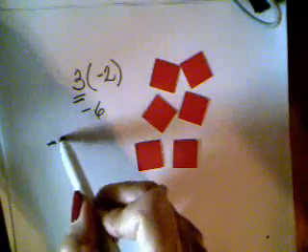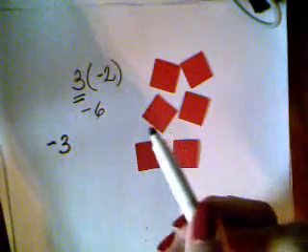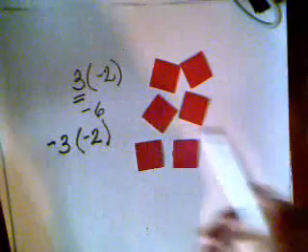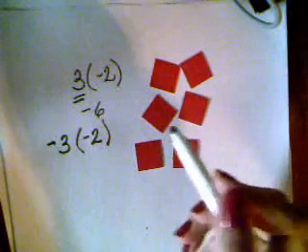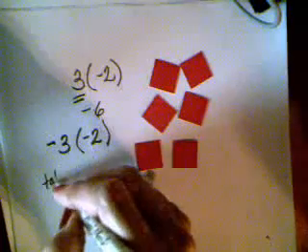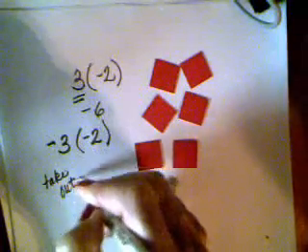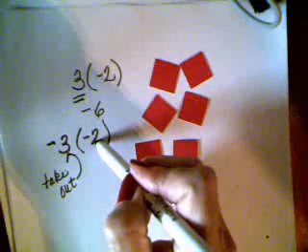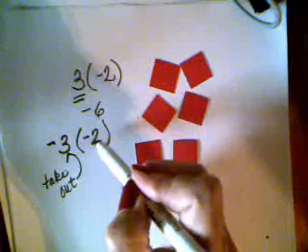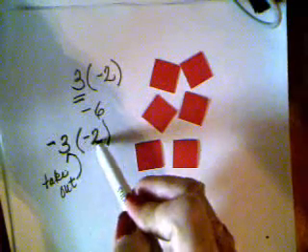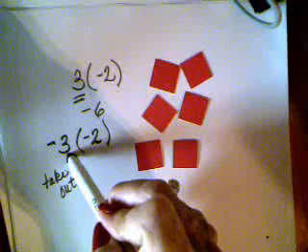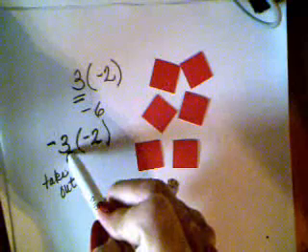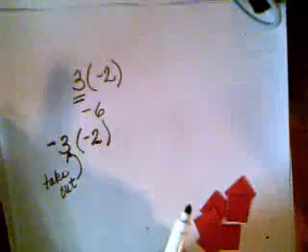If this had been -3 times -2, we use this as we're going to take out two reds 3 times, and that would give you the black tiles.